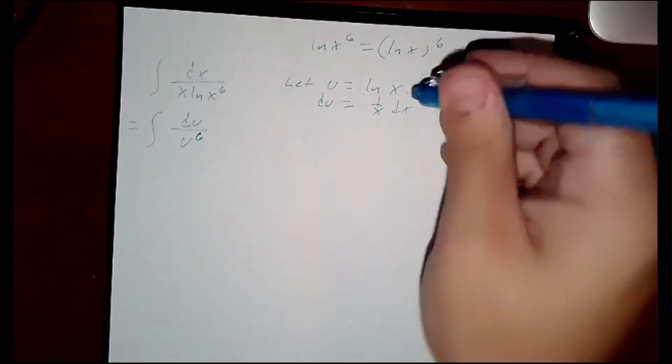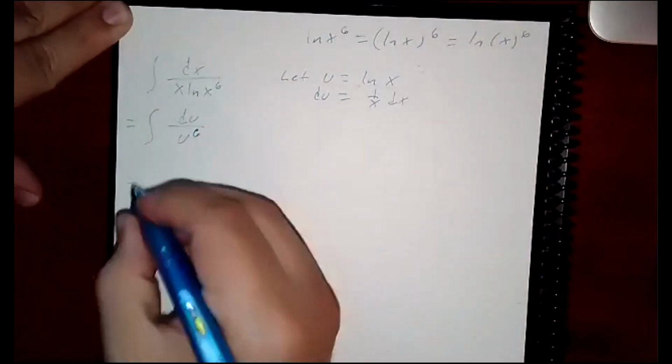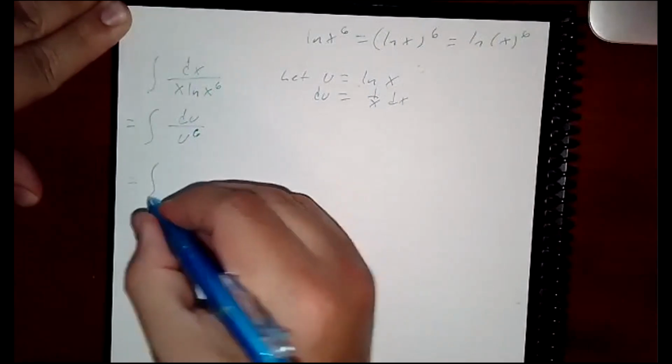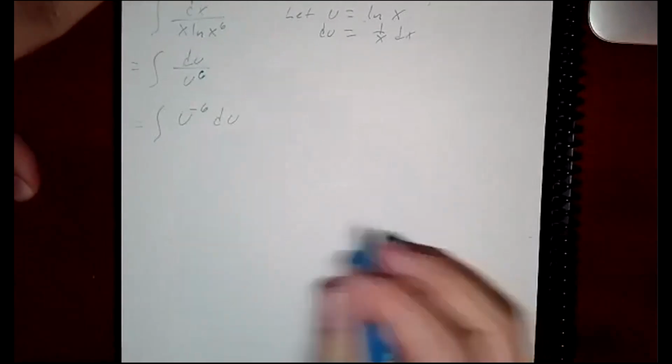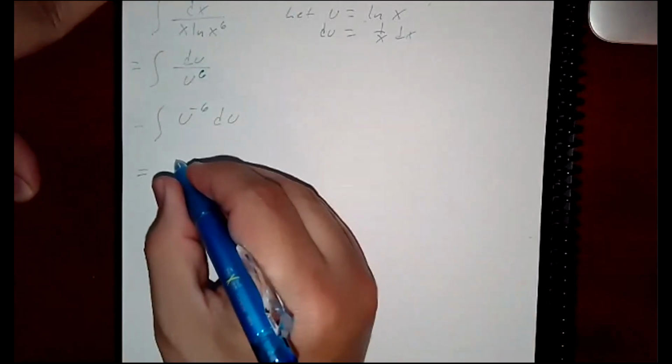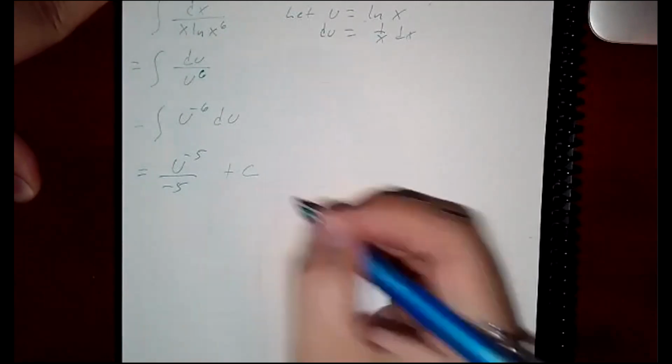Oh, I see. Okay. I think I see it. Let's just try to do it. Let's assume this is right. So integration of this guy would be u to the -5 over -5 plus c, right?